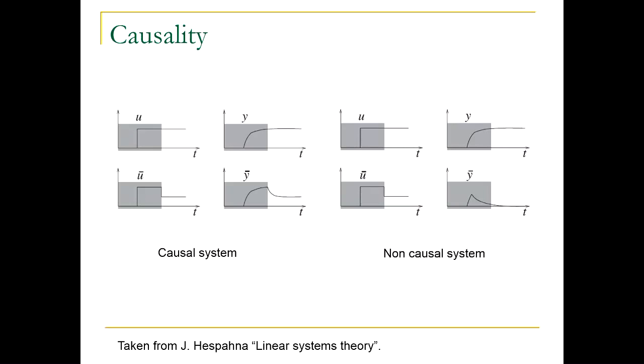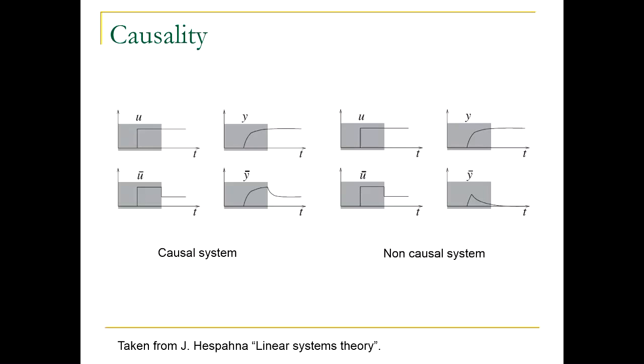Note here that I am applying a step input and it doesn't change for all time after this point. So I start at 0 and then step maybe to 1 and keep it constant, and I record this output. Now the causal system would behave like this if I change this input so that after tau it has a different value, but in the shaded region it is exactly the same.